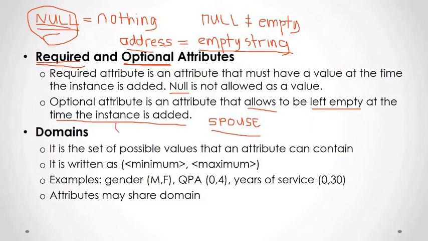Let us say you have this table named employee. The company normally keeps track of the personal details of their personnel. And one of the possible attributes that will be there is this attribute, spouse.